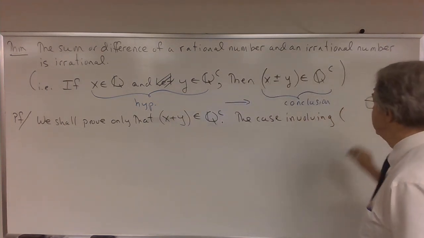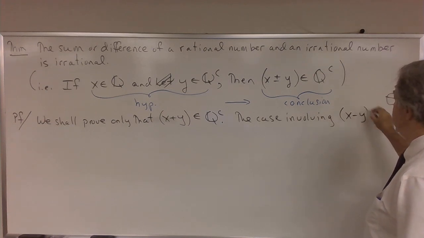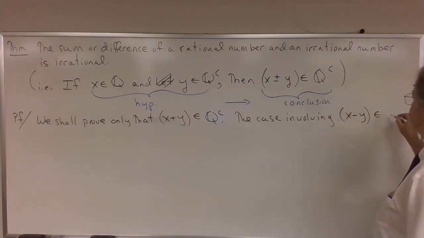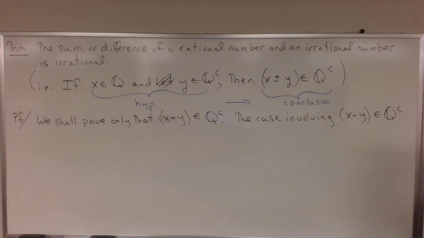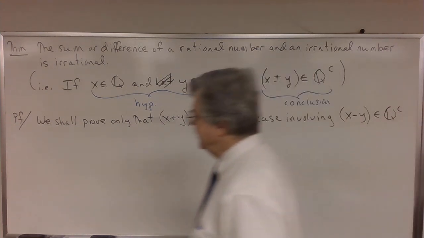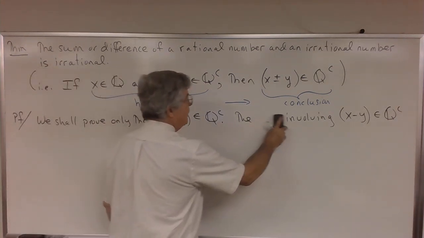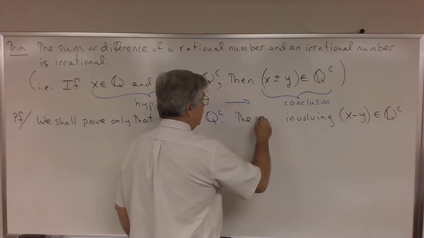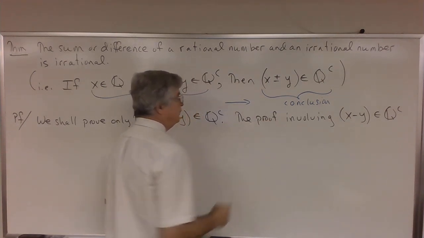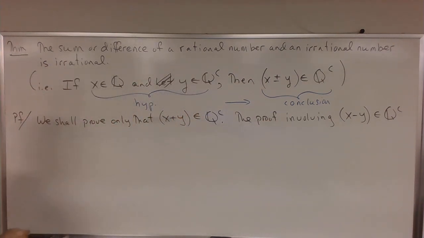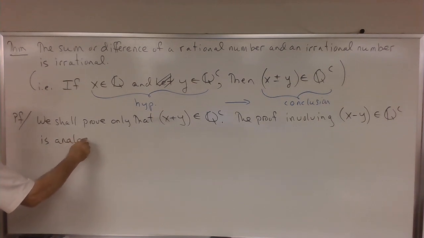The proof involving x minus y being an irrational number is analogous.